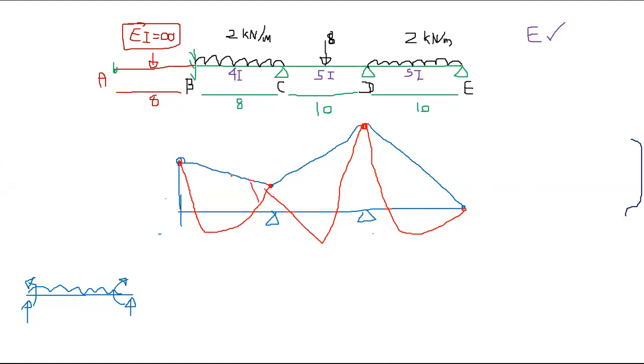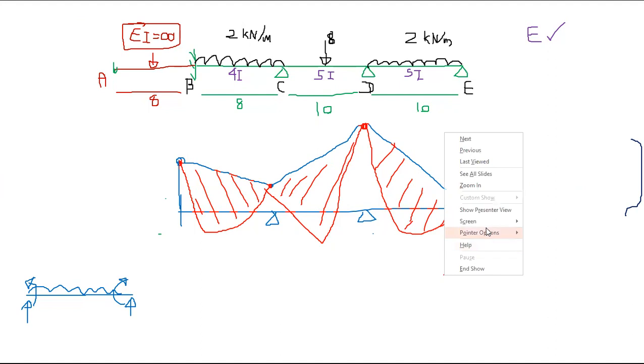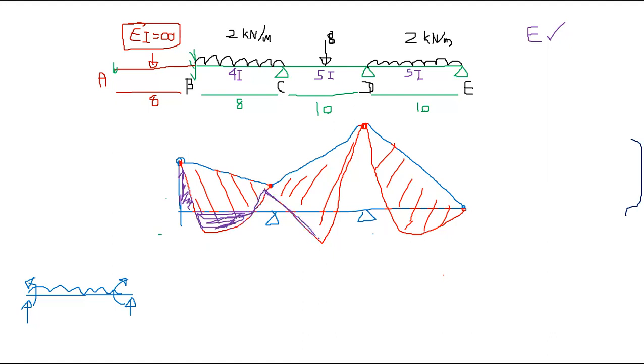So this is the simply supported loading, right? The red part is negative while the blue part is positive, right? Hogging moments are positive, as I told you. So the remaining part will be the bending moment curve. This is your final bending moment curve.